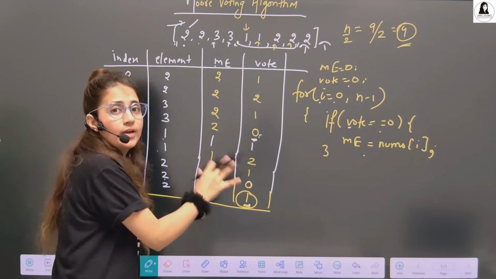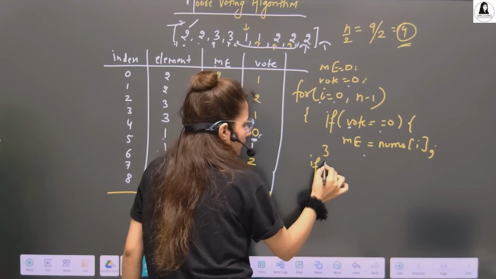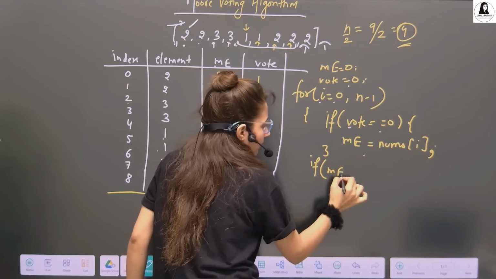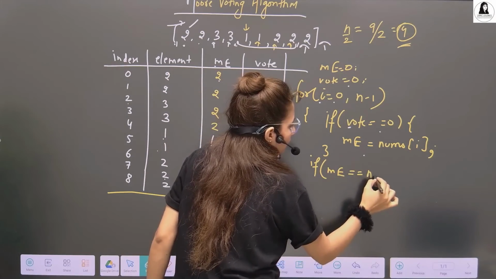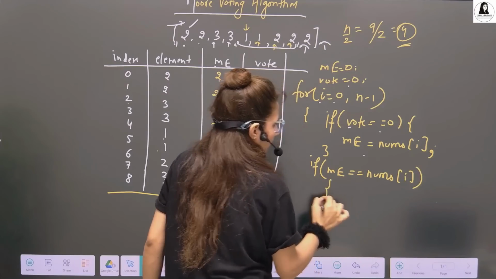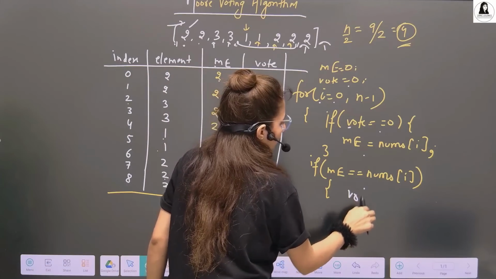Now, when to do plus plus and when to do minus minus on this vote. If my majority element is equal to whatever the current element, nums of i, then we will do vote plus plus.